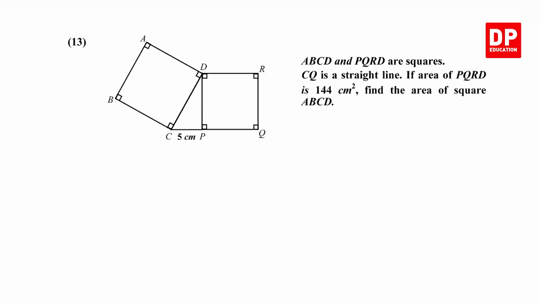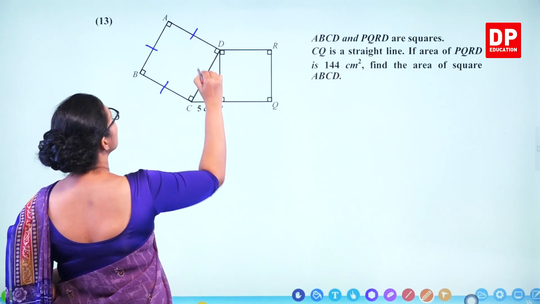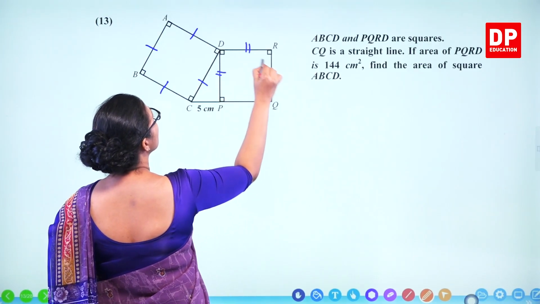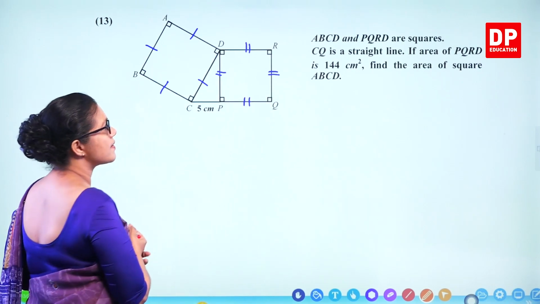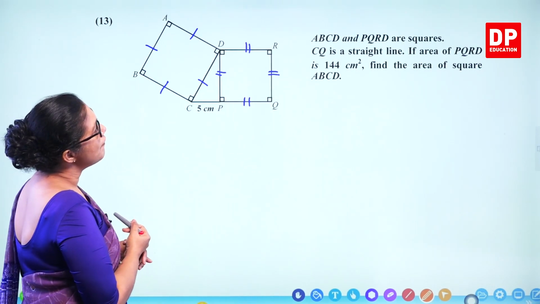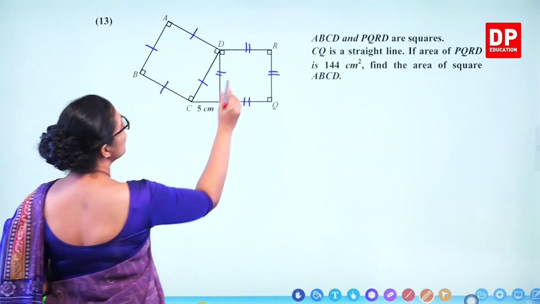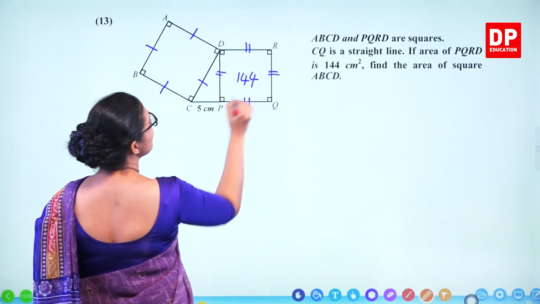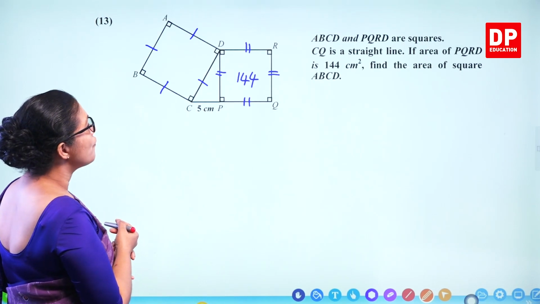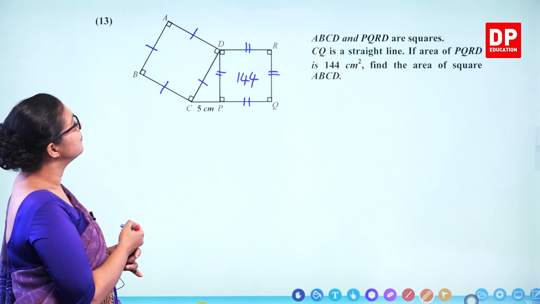Question number 13. ABCD and PQRD both are squares, with different lengths. If the area of PQRD is 144, find the area of the square ABCD.